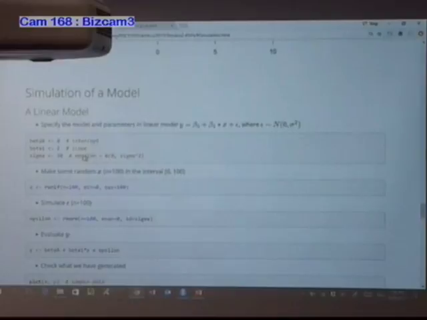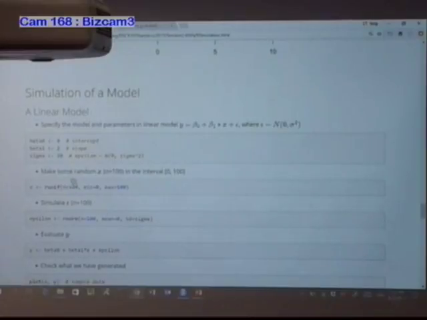They don't matter too much. But sigma here is the noise, the magnitude of the noise. Right? You can set yourself a huge noise or small noise. You can make your problem trivial or super hard. So this is a trial and error process. You need to adjust a little bit. Next, we need to do x. We need 100 data points.